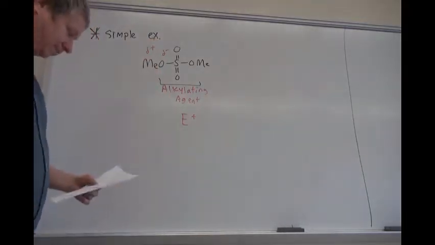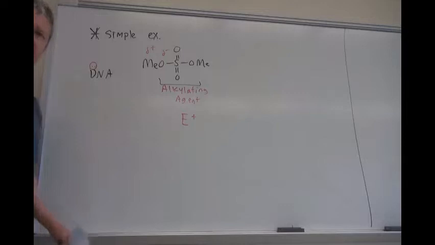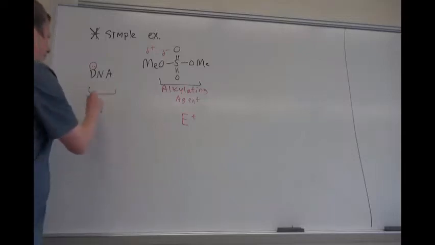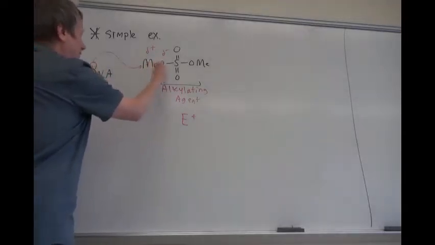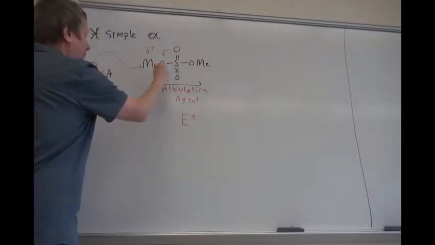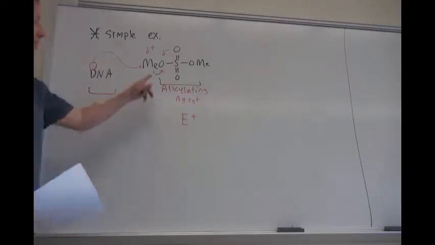And DNA, without drawing an actual piece of DNA, but DNA is nucleophilic. So this is an electrophile, this is a nucleophile. You can imagine that DNA would attack the methyl group and kick off this other part as a leaving group.